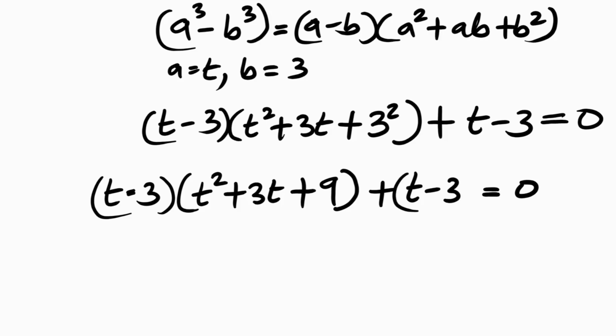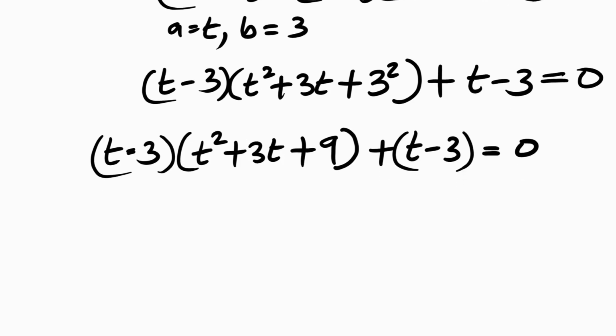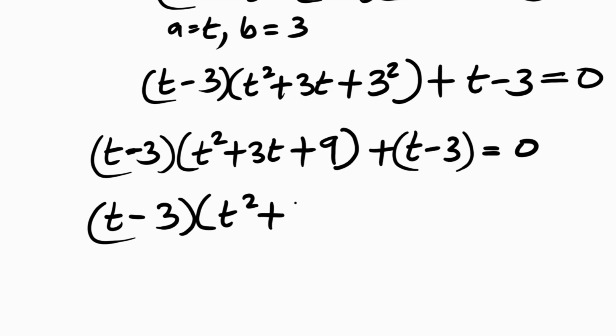Now if we collect like terms, we can collect t minus 3 as a common factor. So now we have t minus 3 into t squared plus 3t plus 9 plus 1 equals 0.